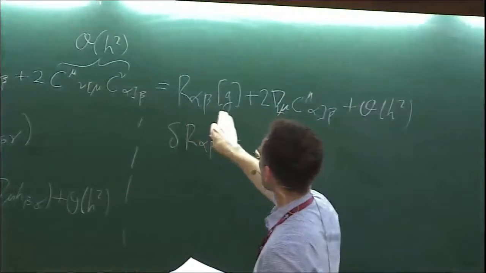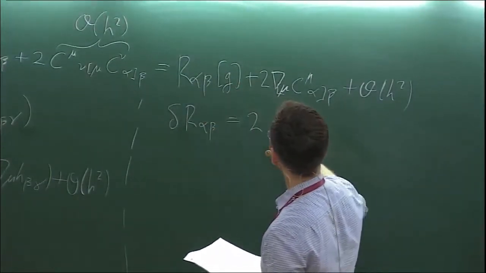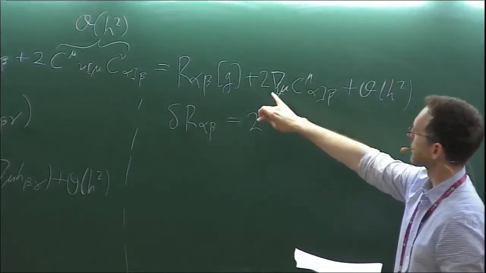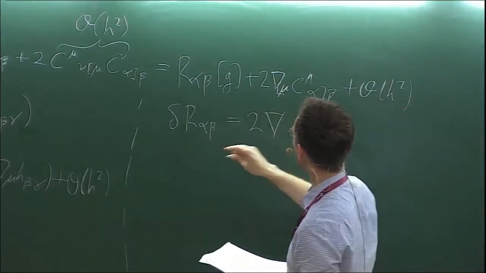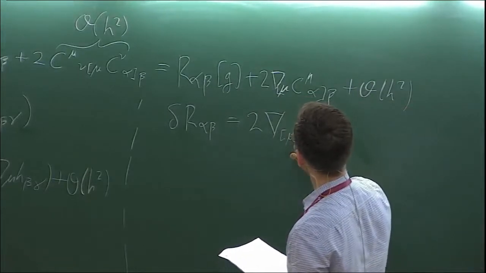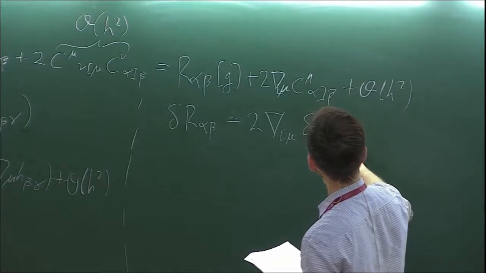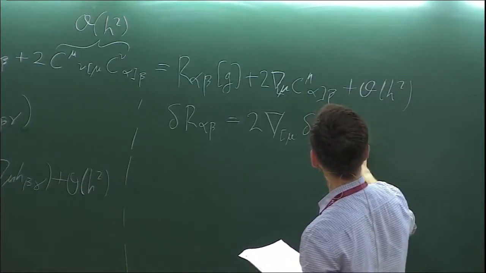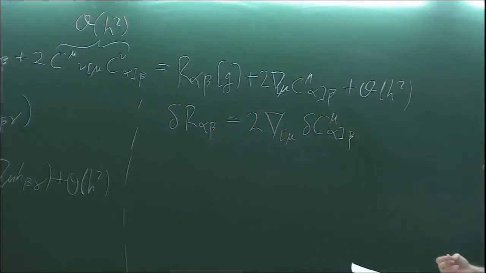This doesn't depend on h, so this gives you 0. The background covariant derivative doesn't depend on h, so you can pass this operator right through it. And so you just have the covariant derivative of the linear piece of C, which was the correction to the Christoffel symbols.